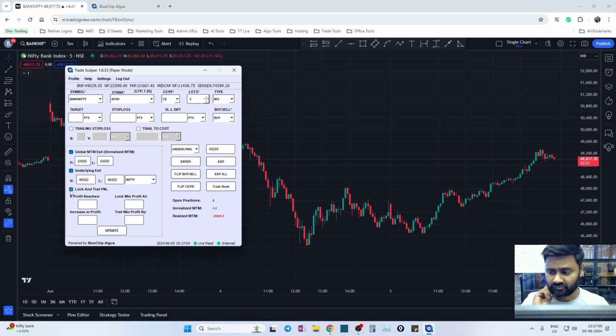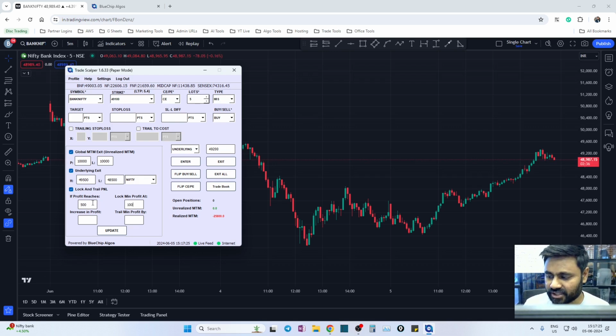And then we also have lock and trail P&L. Lock and trail has four fields. The first two are mandatory, but the last two are optional. This is a very good way to protect your profits. Let's say you have given 500 here and 100 here.